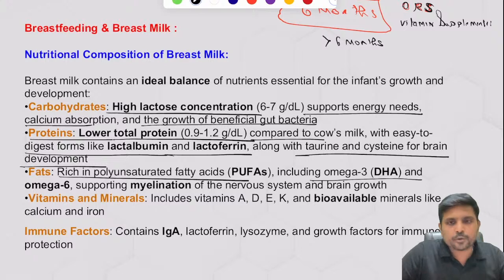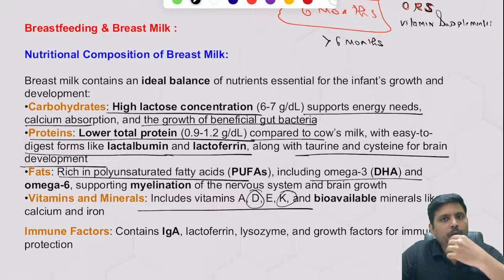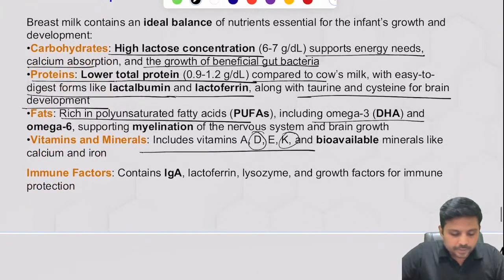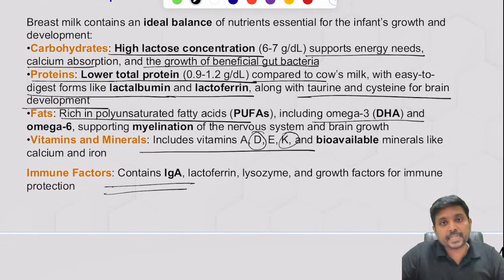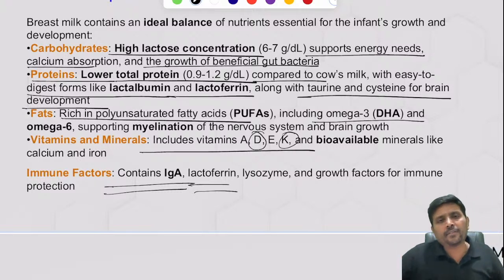Mainly it contains omega 3 and omega 6 fatty acids. Vitamins include A, D, E, K, but K you need to give as one single dose. D you need to give for 1 year, and administration of vitamin A for all exclusively breastfed infants. Along with that, immunological factors like secretory immunoglobulin, lactoferrin binds iron so that it will not be available for E. coli.